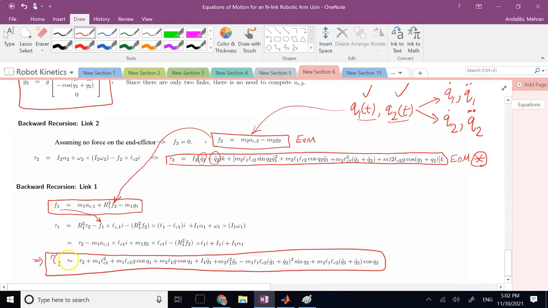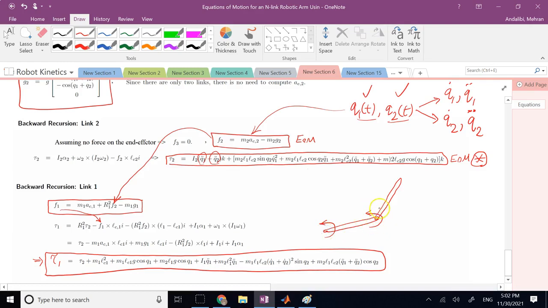And you might say, how come you have both tau 1 and tau 2 in here? Well, the reason is if tau 1 is applied to joint 1 here, and tau 2 is applied here, it's the relative measurement again.